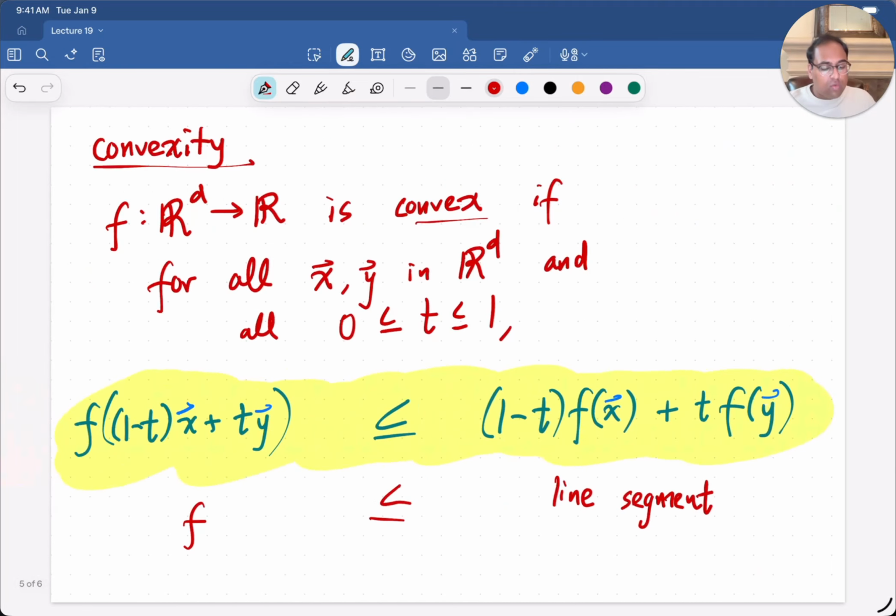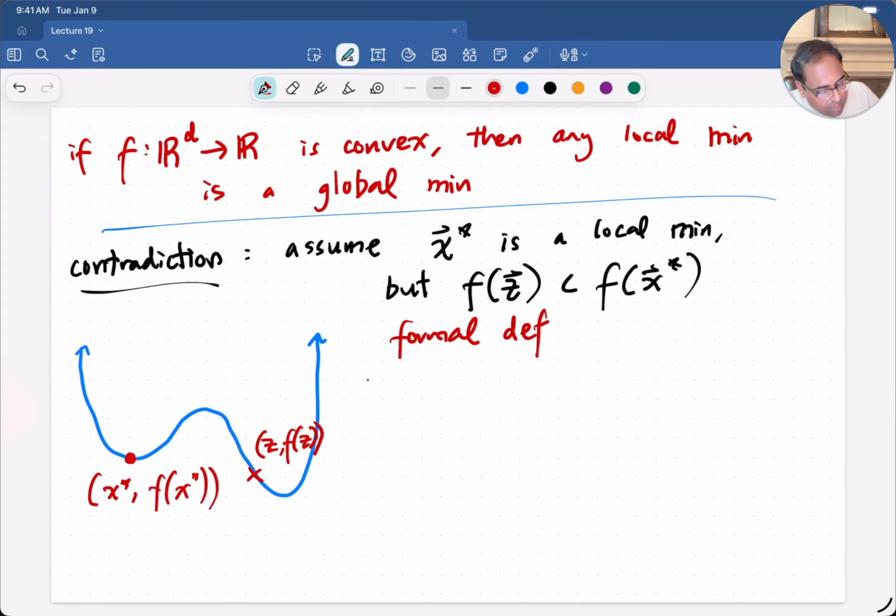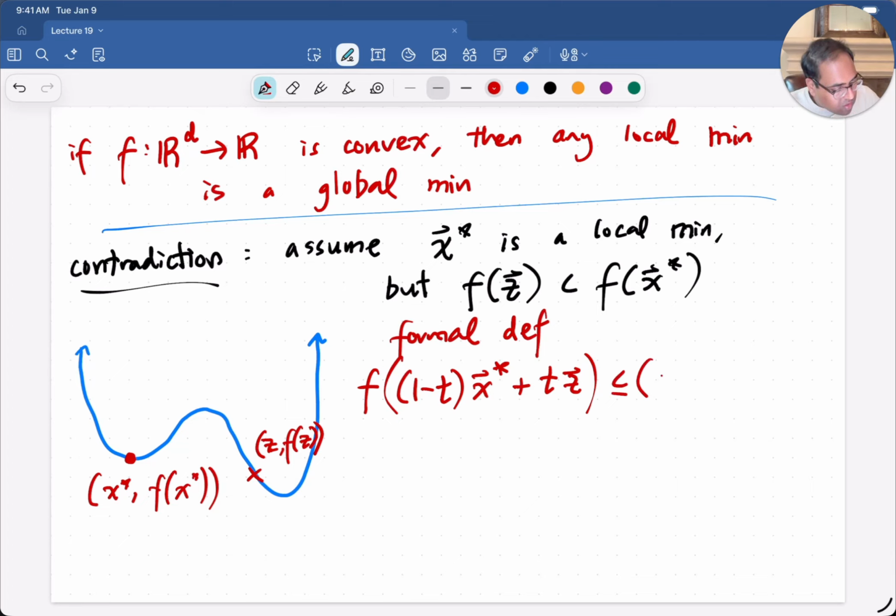Okay, because remember, this definition works for any two inputs to the function x and y. It doesn't matter what these are, as long as they're valid inputs to the function. I can use this definition of convexity, and remember, t can be anything between 0 and 1. What this states is that f of (1 minus t) x star plus t z is less than or equal to (1 minus t) f of x star plus t f of z.